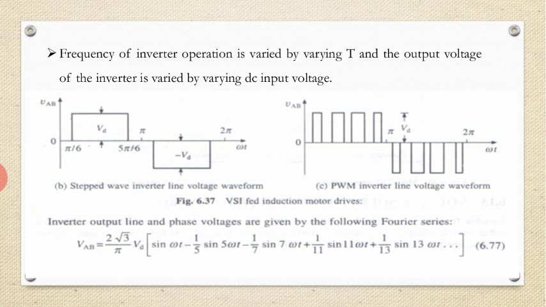This is a very important point, please note it. V by F means voltage and frequency both we need to vary, and this is the way we vary them. The stepped wave inverter line voltage waveform and PWM inverter line voltage waveform are shown here.